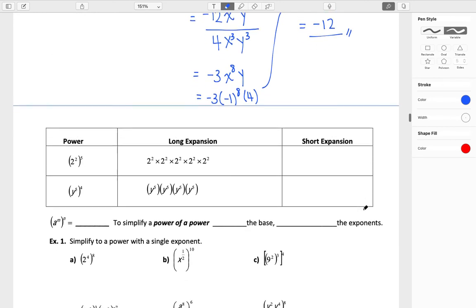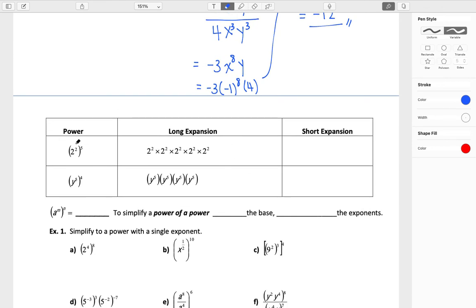Now, something new is that if you have a power of power, so exponents are right beside each other like this, what you're going to do is you are going to multiply. So it's 2 to the 2 times 5. So it's 2 to the 10. And y, 5 times 4.